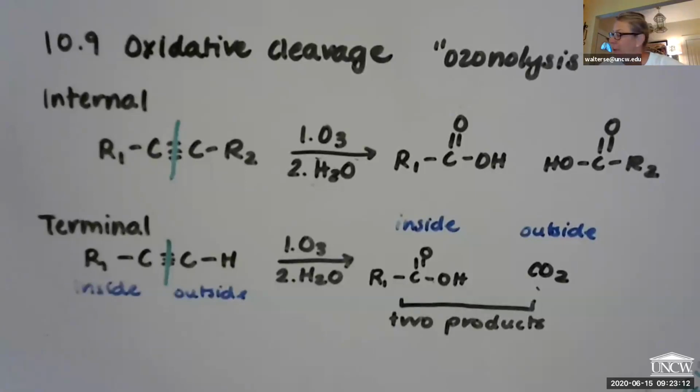All right, are there any questions about anything so far in chapter 10? Those are the reactions of alkynes that somewhat mirror the reactions of alkenes. The last part of this chapter is talking about the acidity of alkynes, which goes back to that consideration that you use when you determine stability of bases.